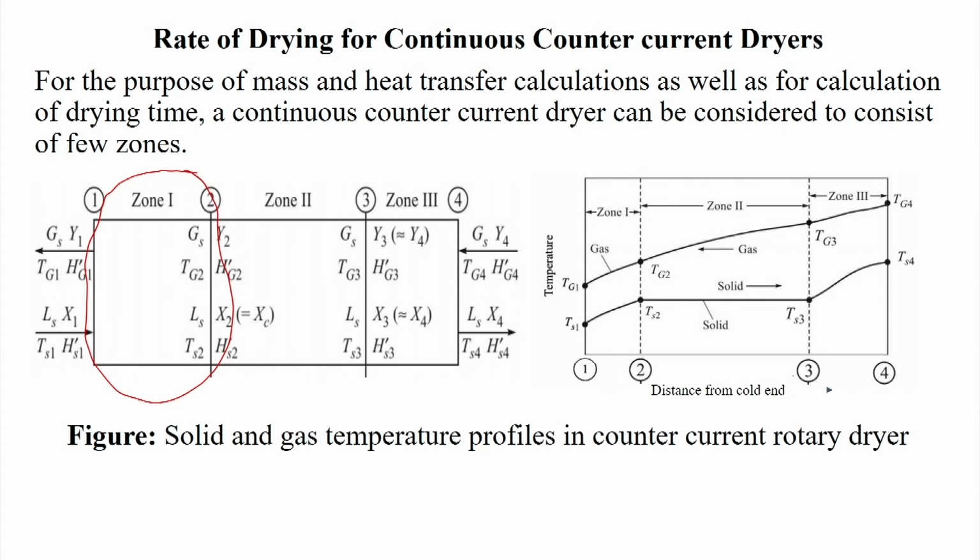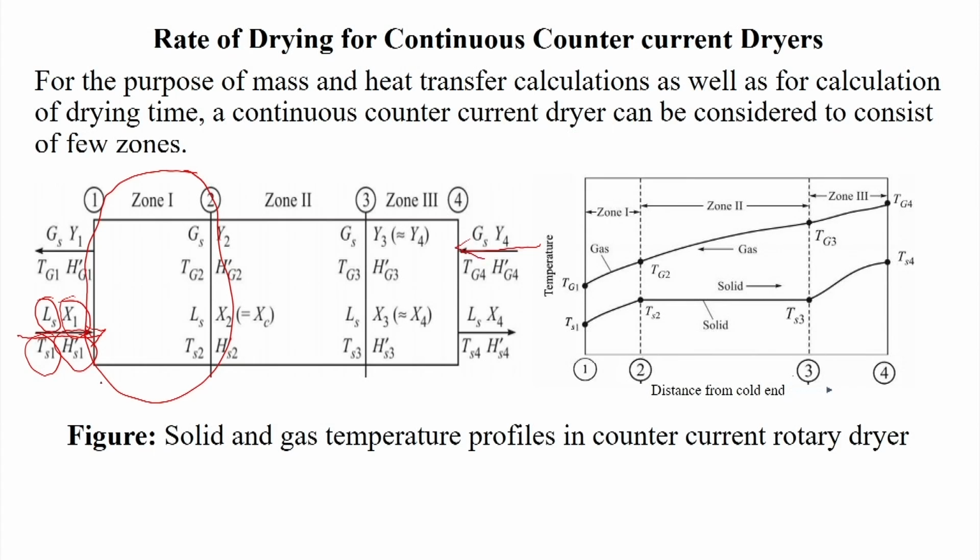That is the cold zone, where the cold moist solid is entering with LS flow rate, with moisture content X1, temperature Ts1 and enthalpy Hs1 prime. And the hot air is entering from zone 4.